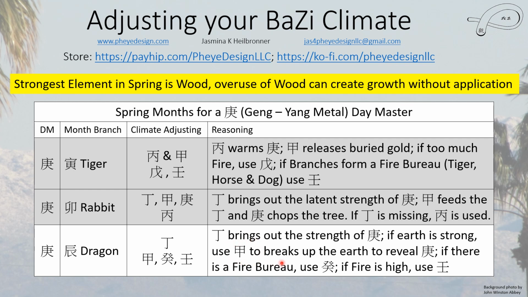And you need the Jia wood to have the tree roots break up the soil so that you can get to the metal. And if there is a fire bureau again, or if fire is high, you're going to be using various types of water. And again, they're similar, slightly different in the application.